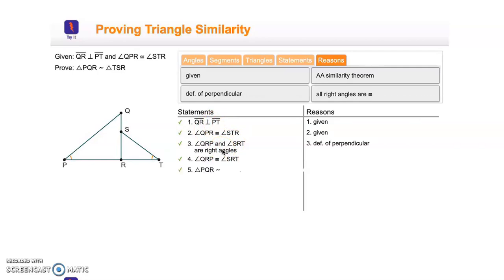Well, we know that right angles are congruent to each other because all right angles are congruent. So that's the next step. Now we know that we have QRT is congruent to SRT, and now I have 2 angles in 2 triangles that are congruent. So now I can say that the triangles are similar, and the reason is because of the angle-angle similarity theorem.